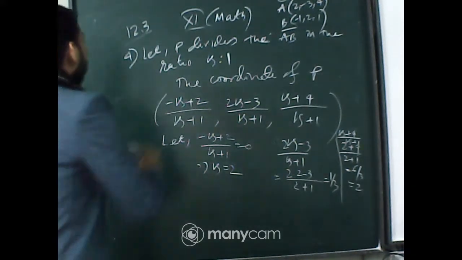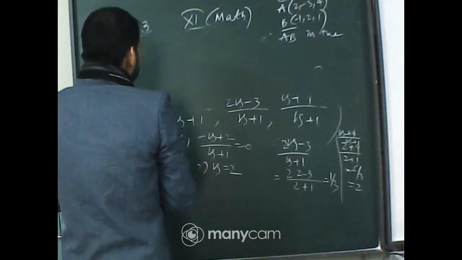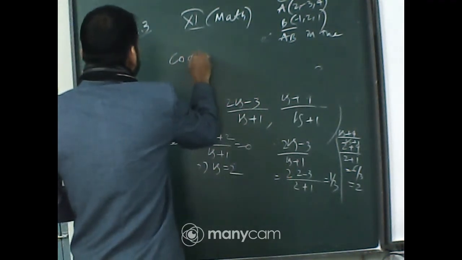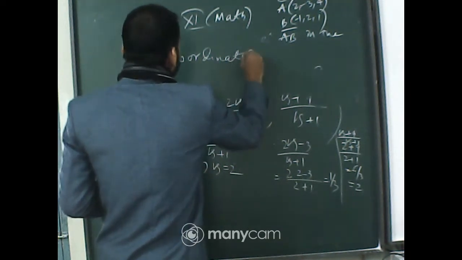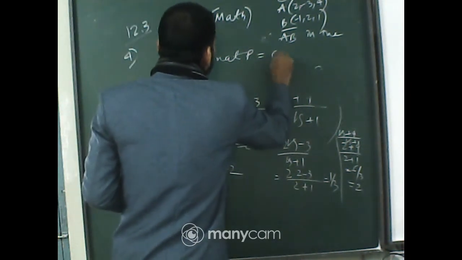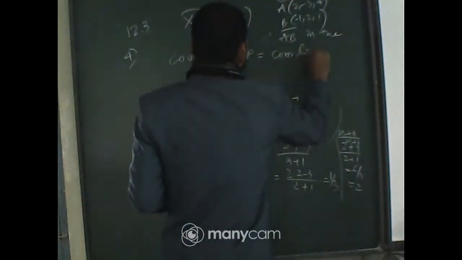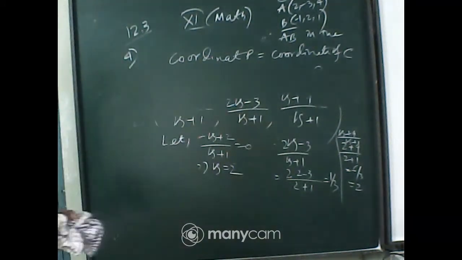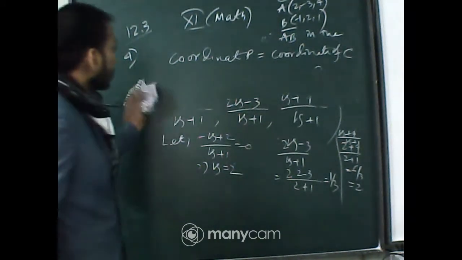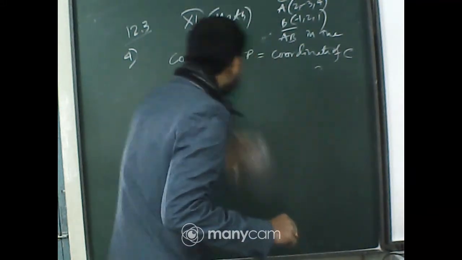So here you may write: coordinate of P equals coordinate of C. Whenever we take the first portion as 0, that means C divides AB.